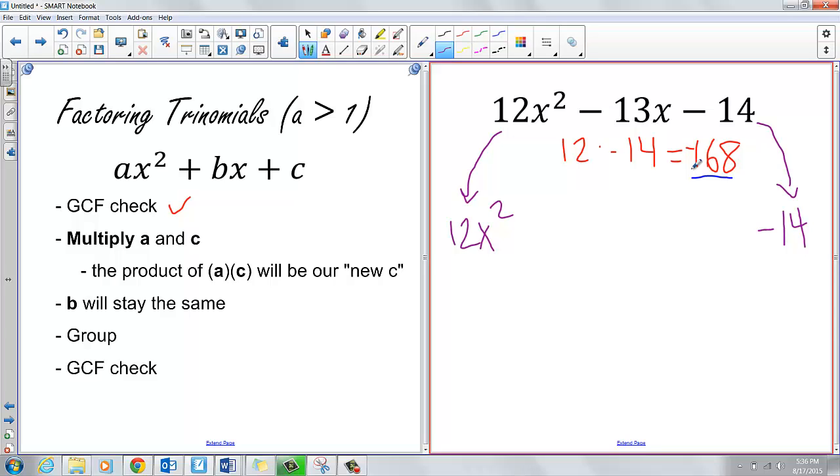Okay, so it might take a second for us to really think of those, but with some help of a calculator and the thing stronger than a calculator, your brain, of course, you would know that we could separate this into 8x and negative 21x. And you can check me on this. 8 times negative 21 would be negative 168. And then positive 8 minus 21 would give me negative 13.